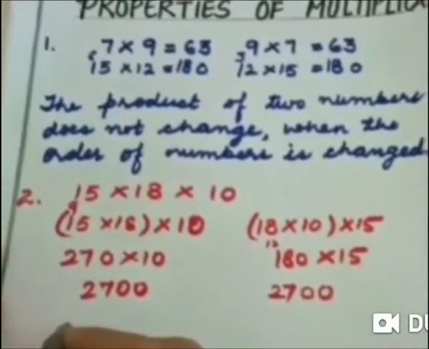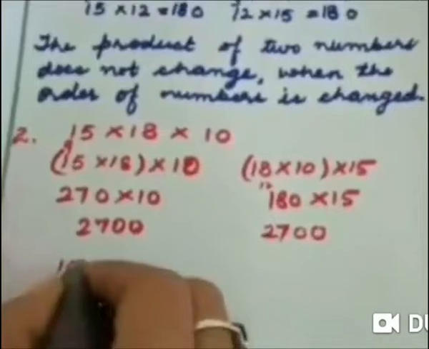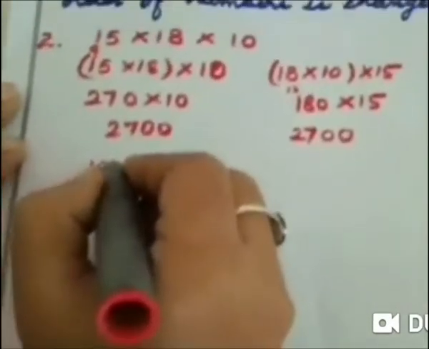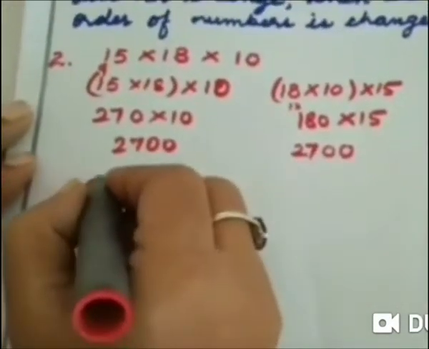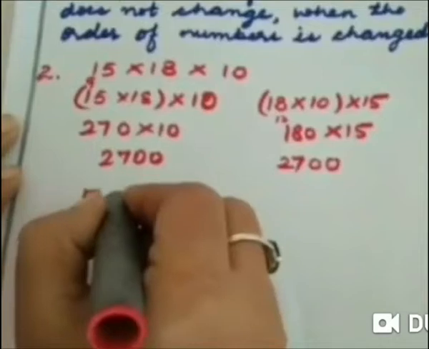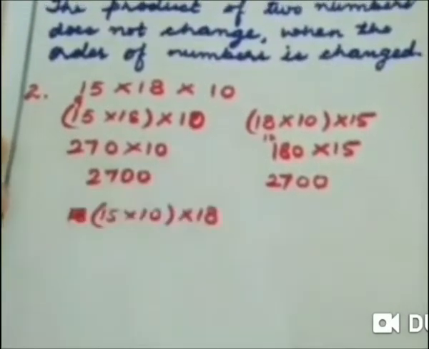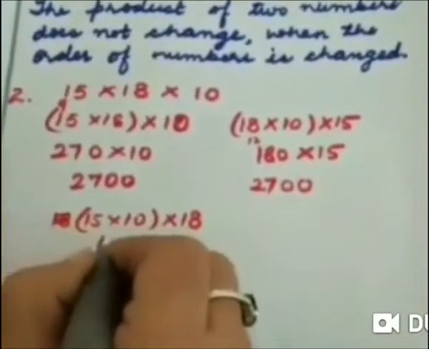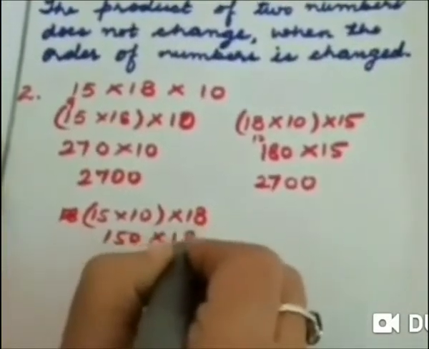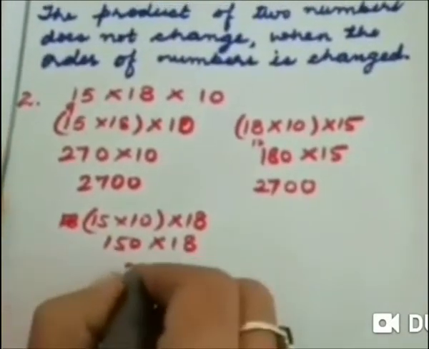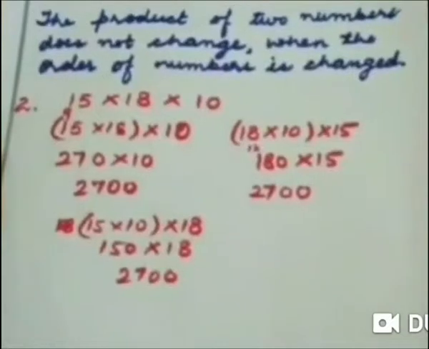Now again in the next form, if I take next 3 numbers, if I multiply 15 by 10 first and then the product to be multiplied by 18. 15 tens are 150 and then I multiply by 18. Again the product will be 2700.